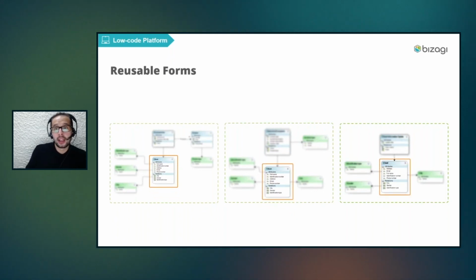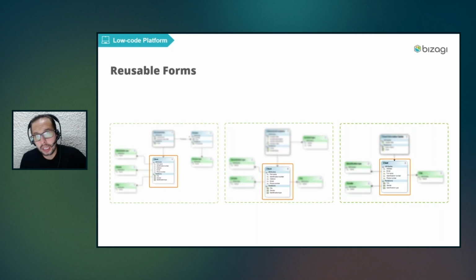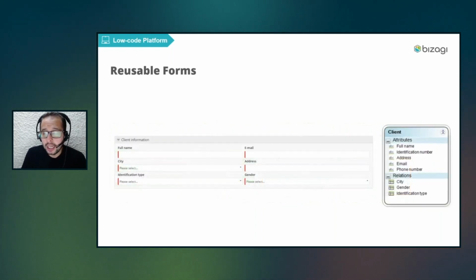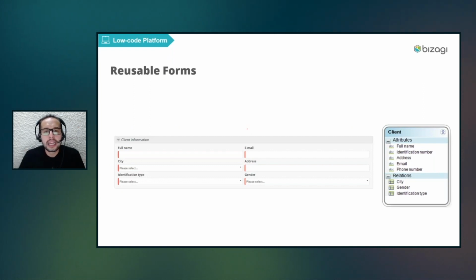So what happens? Instead of going into the purchase order, or the claims and complaints, or the client information update process and creating individual forms there, it is better if I create one reusable form in the client entity, and from that client entity, I am going to be able to reuse as many elements of this form as I want.